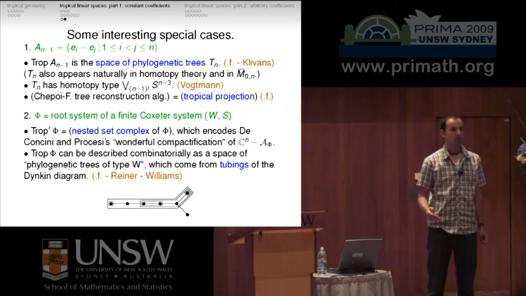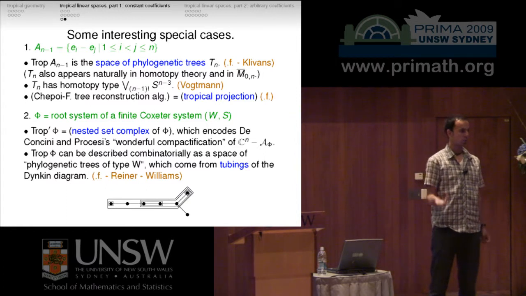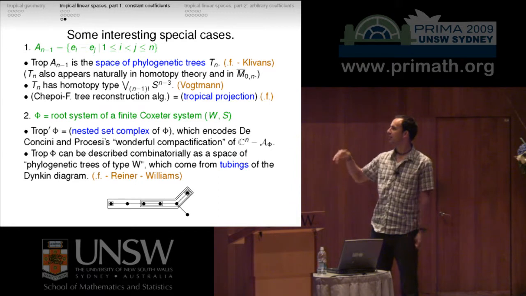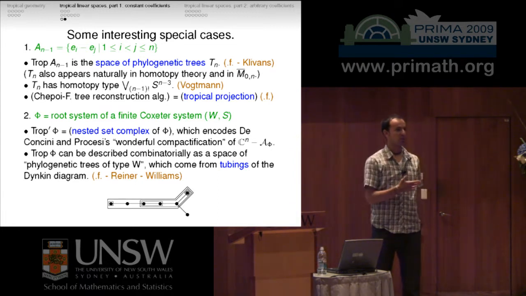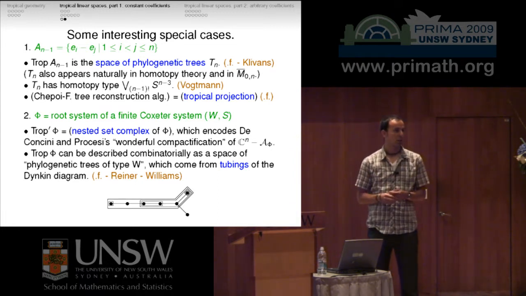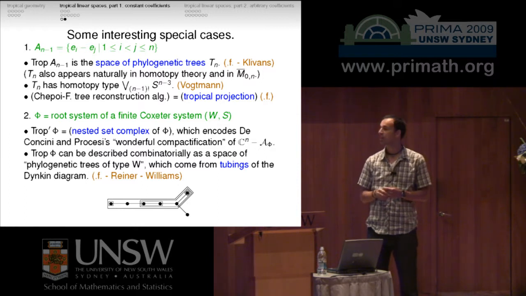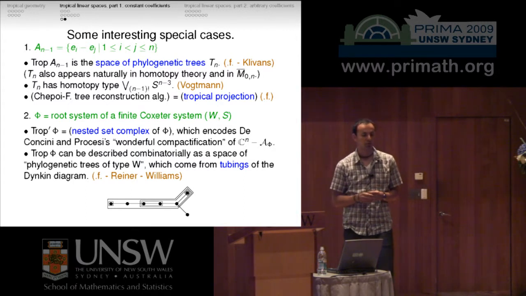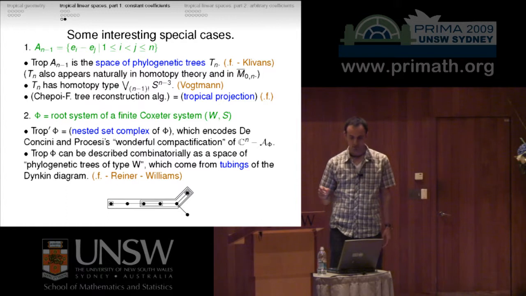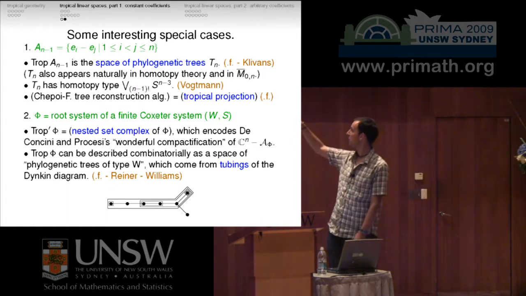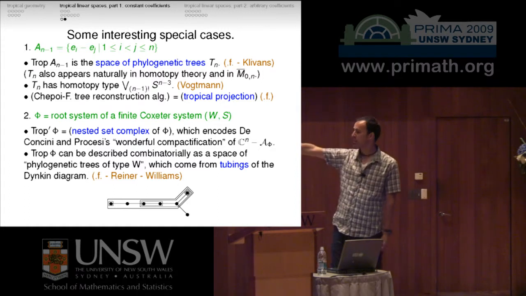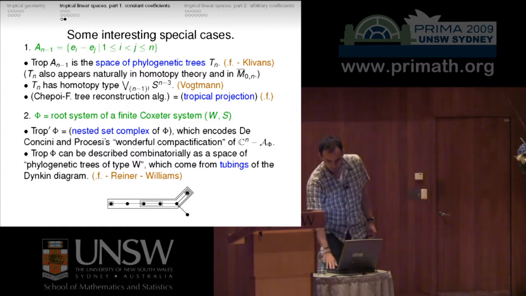If you study the tropical linear space of a root system, then in type A you get the space of phylogenetic trees, and you can have some nice biology theorems coming out of this. It's a nice unexpected consequence. And for any finite root system, there is a geometric interpretation of the thing that you get. The first thing I said is from work with Clivens and a paper by myself, and the second is joint work with Vic Reiner and Lauren Williams.